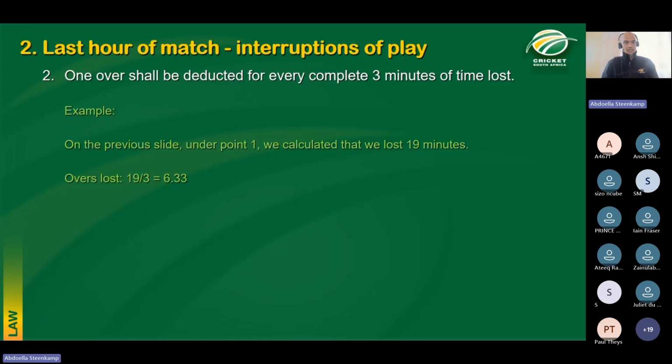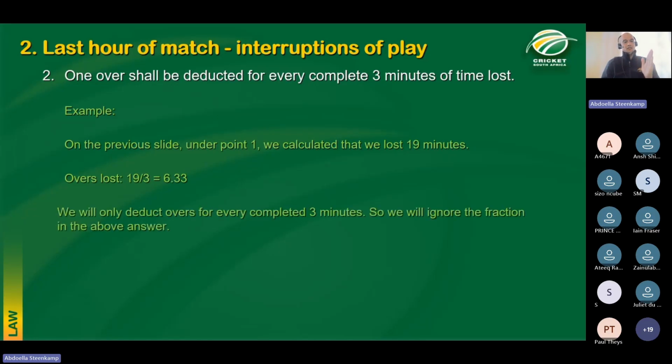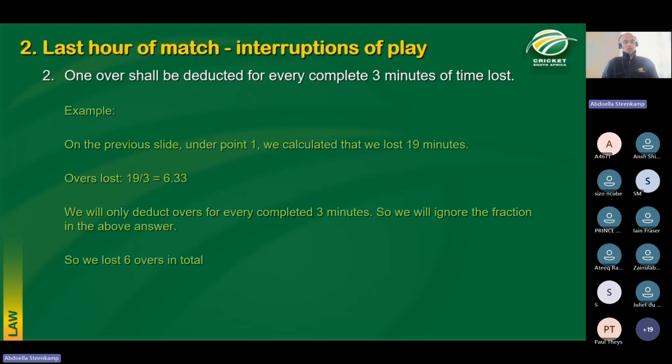But the law tells us 1 over is to be deducted for every completed 3 minutes of time lost. So we will ignore the fraction. Another way of putting it, we will round down, because we're only looking at completed overs. So the completed overs is 6. So we lost 6 overs in total.